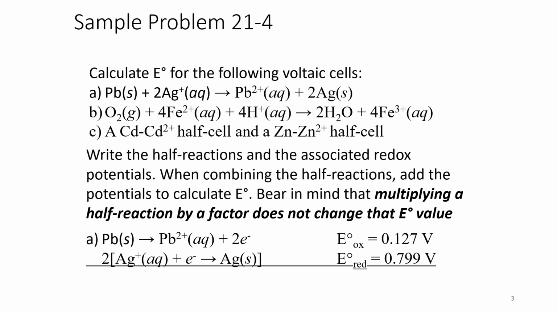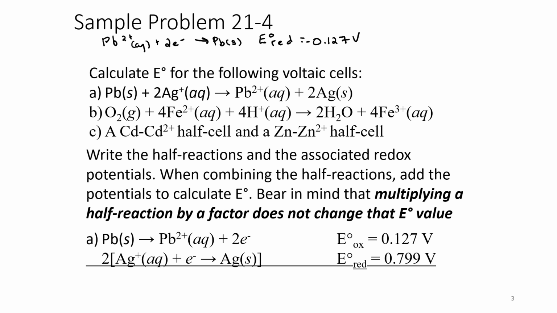Right? And what I'm going to find in that standard reduction potential table is lead 2 plus aqueous plus 2 electrons producing solid lead, and we're going to have an E naught reduction of negative 0.127 volts.